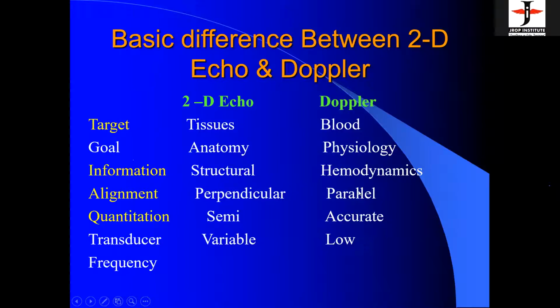And here you are getting hemodynamic information by a Doppler. In 2D echo, you get the best results when you are perpendicular to the structure. Here you get the best results when you are parallel to the structure. And quantitation is saving. Many times you can get a semi-quantitative idea by a 2D echo, but more accurate is the Doppler. So these are the basic differences between the echo and Doppler.